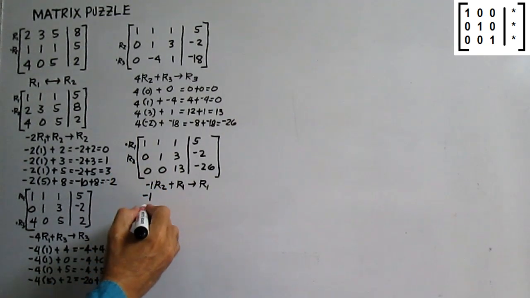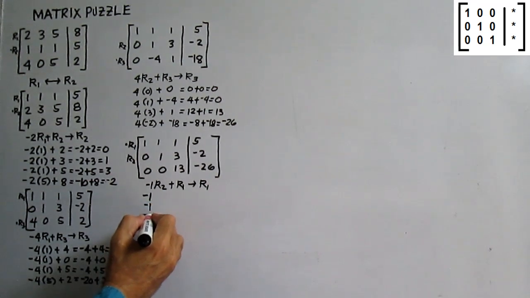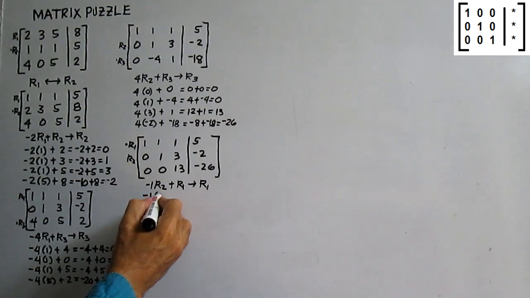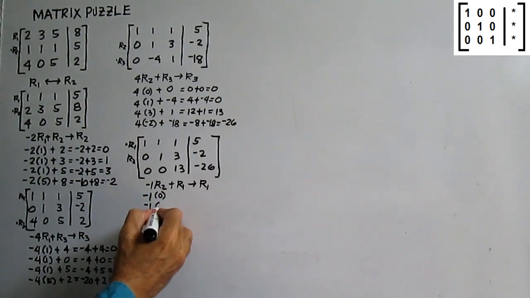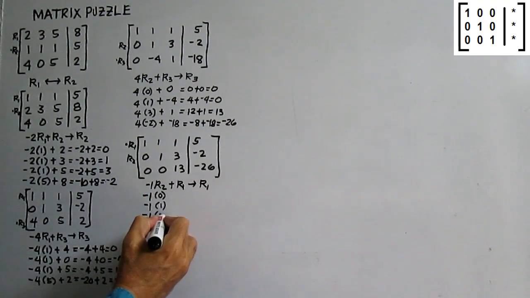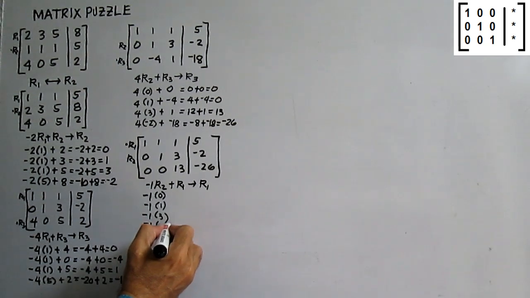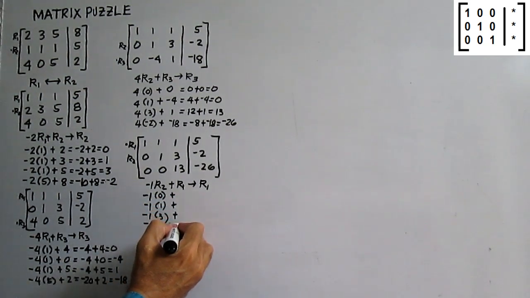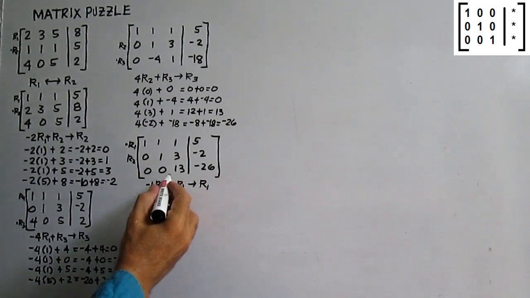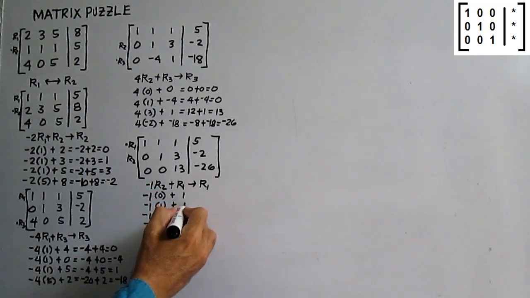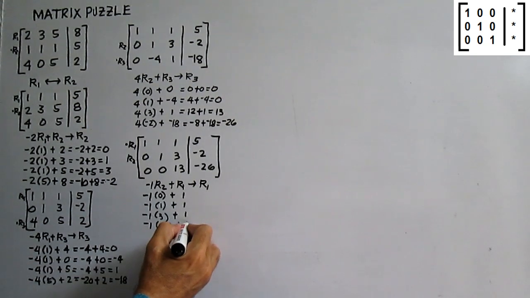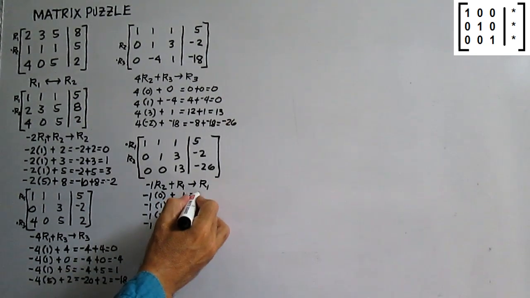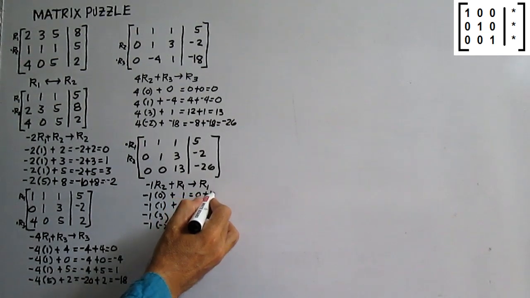Negative 1 times 0, 1, 3, negative 2, plus 1, 1, 1, 5 equals 0 plus 1 is 1.